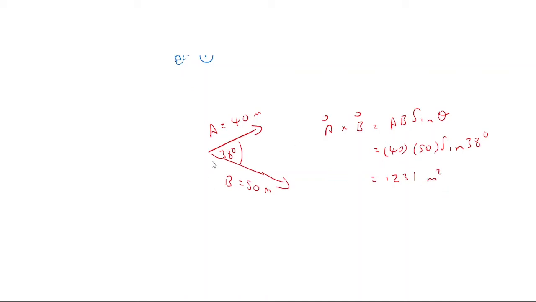Now, what about the direction? Take your four fingers, point them this way, and then afterwards curl them towards that vector. Now you have your fingers doing that, and afterwards your thumb is going to be pointing inwards.